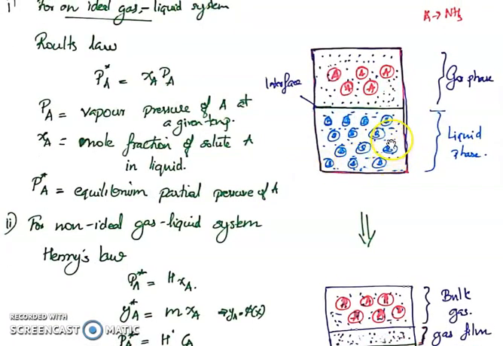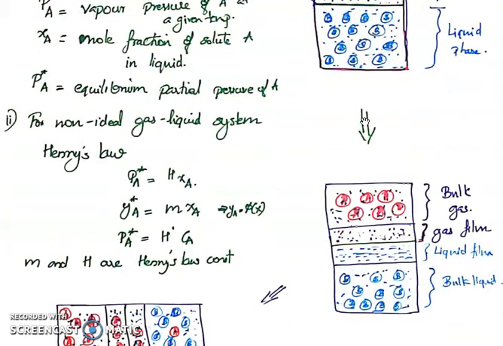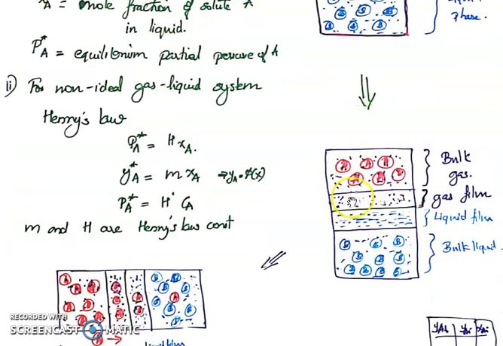The molecules of B are free to move in liquid phase. Similarly, air molecules are free to move in gas phase. But we have an interface here. How will the molecules behave when they are close to the interface? Let us try to model the system. The molecules of air which are close to the interface will try to diffuse into the liquid phase.